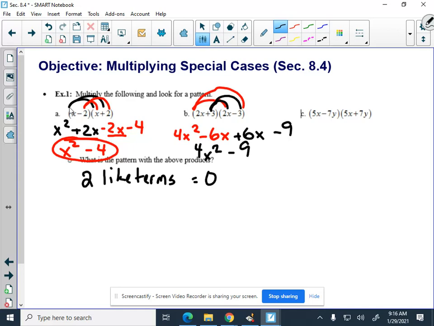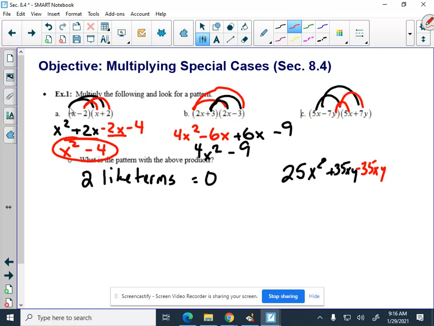So here, 5x times 5x is 25x squared. 5x times 7y. Now, a lot of students don't like that one, but 5 times 7 is 35, and there's an x and a y. Now we do the second part. Negative 7 times 5 is negative 35, and there's an x and a y.